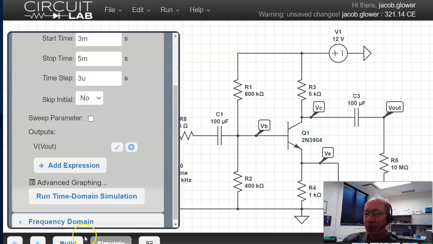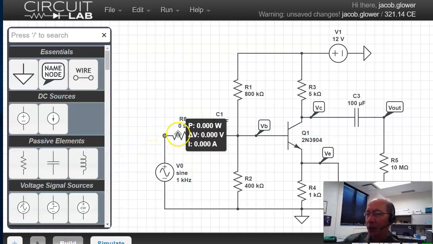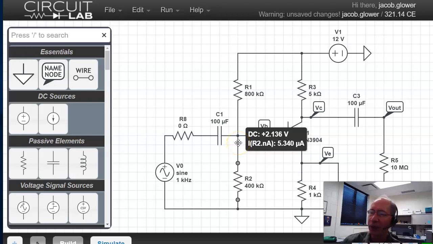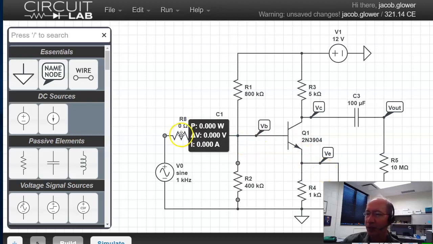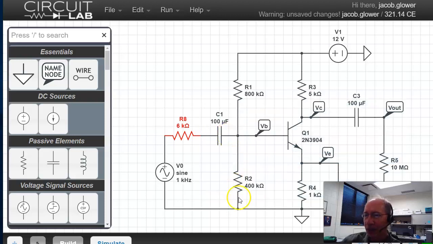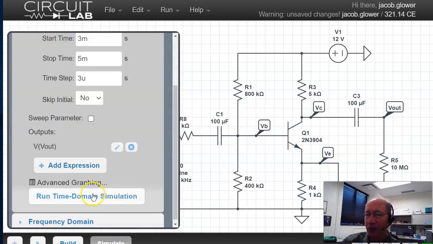Now to find the input resistance, what I'm going to do is change this resistor. By voltage division, if this gets bigger, say if this is equal to Rin, the voltage will drop by half, so the output should drop by half. So let's try that. Let's make this 6K. Run the simulation.